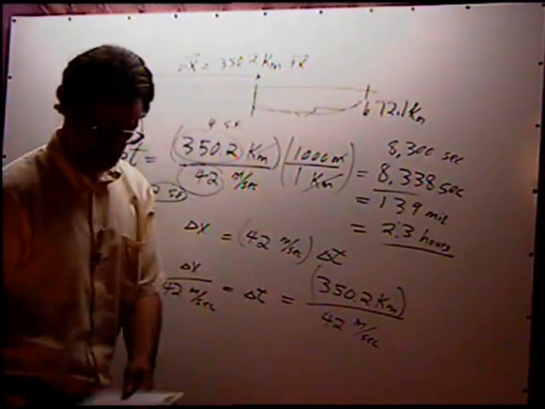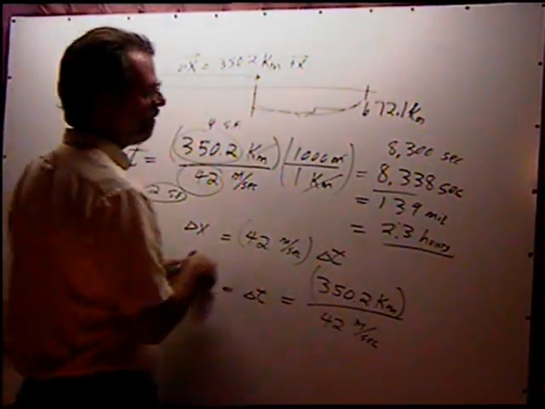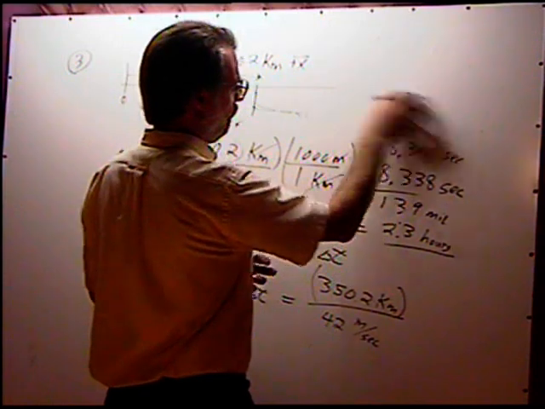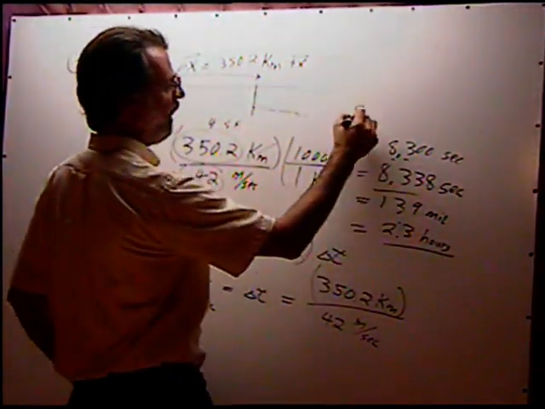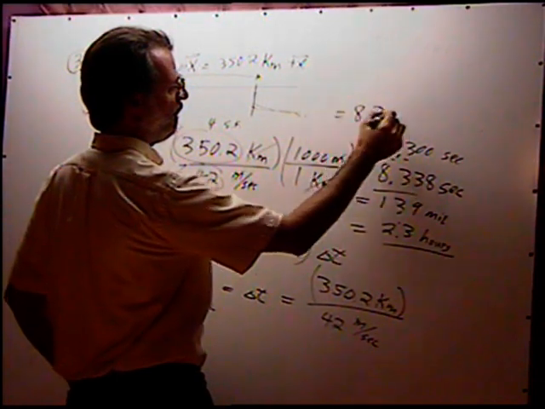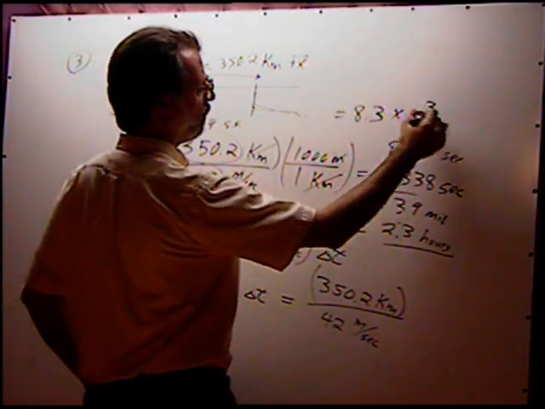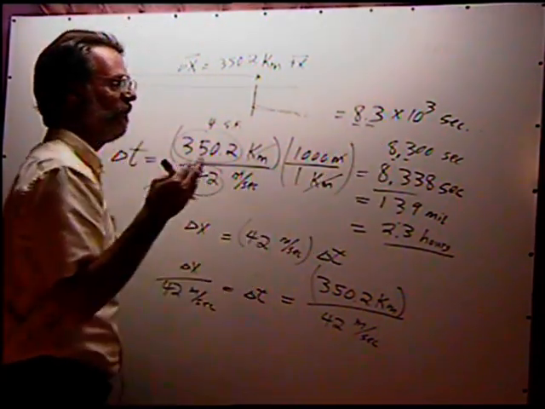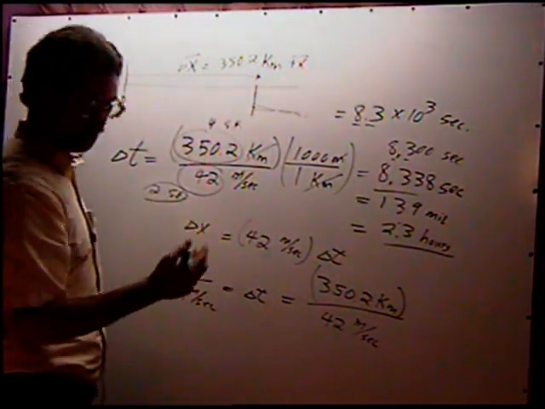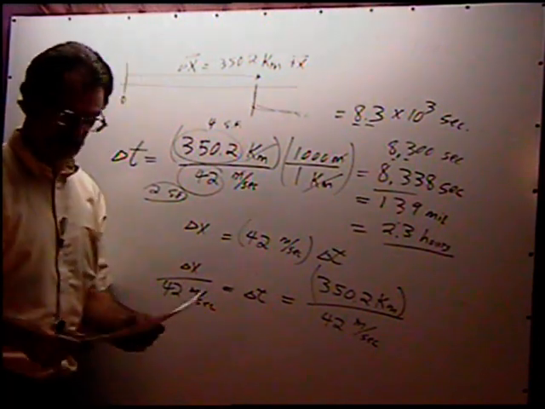Or to make it clear that only the 8 and the 3 were significant, we would say 8.3 times 10 to the third seconds. This makes it clear that the only significant figures are 8 and 3. So hopefully that's clear.